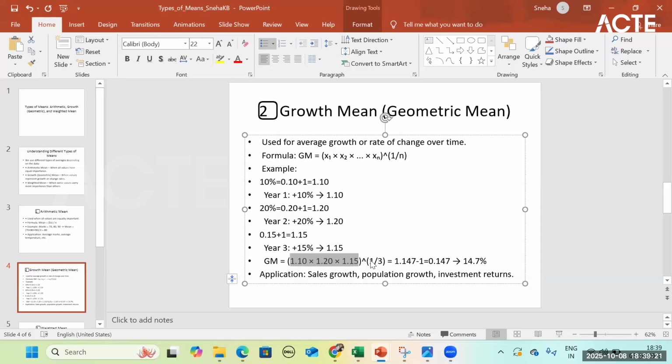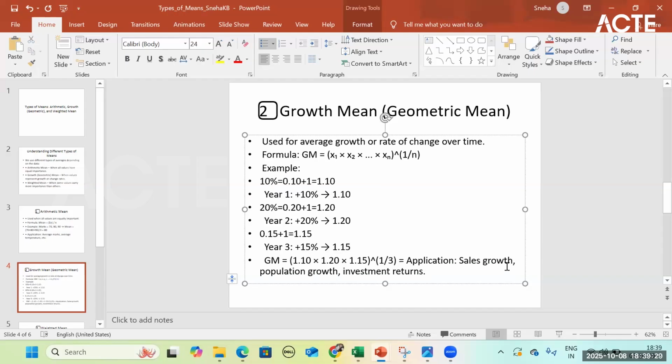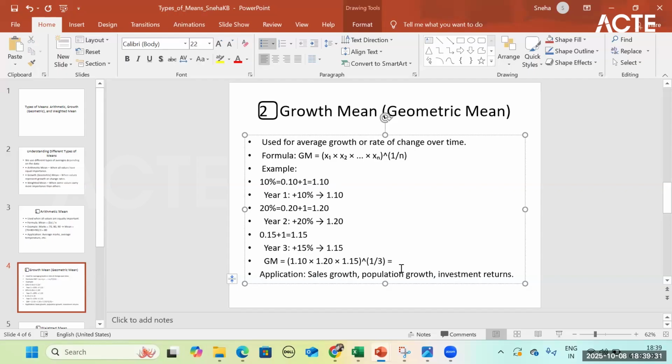Can you calculate this value? Only for this.